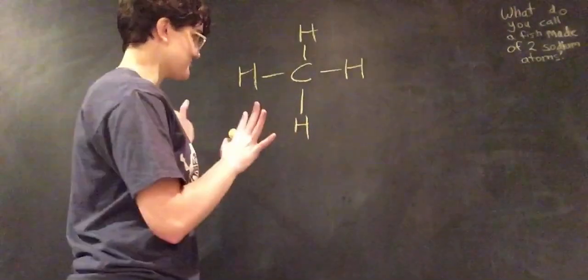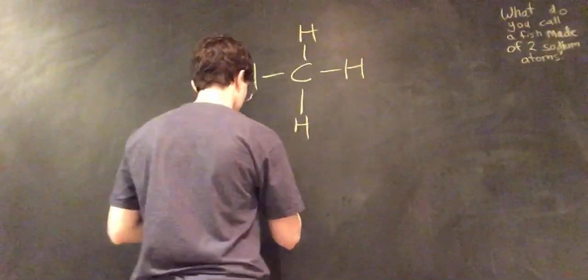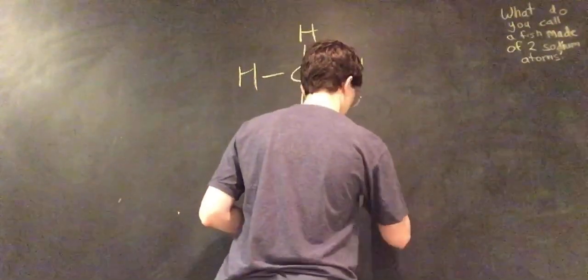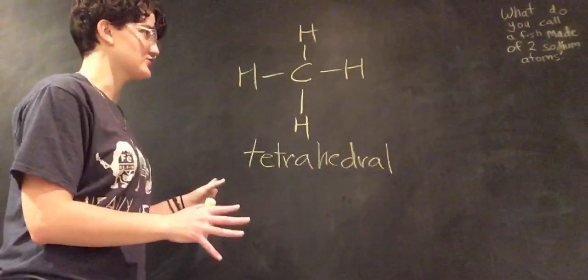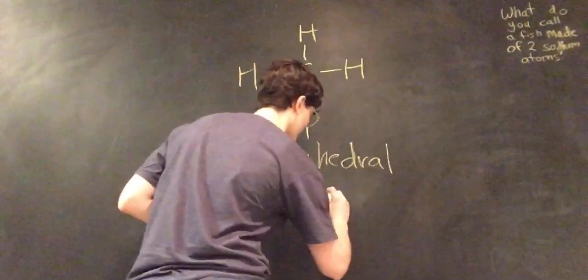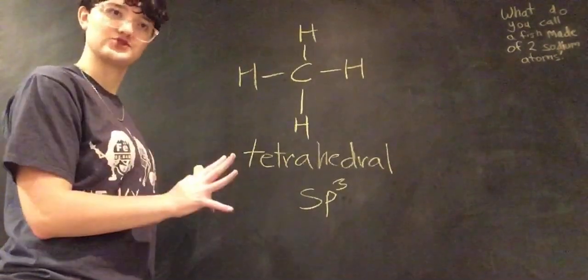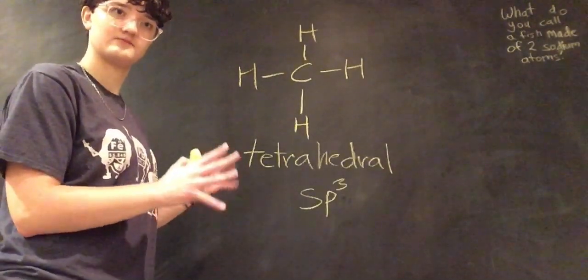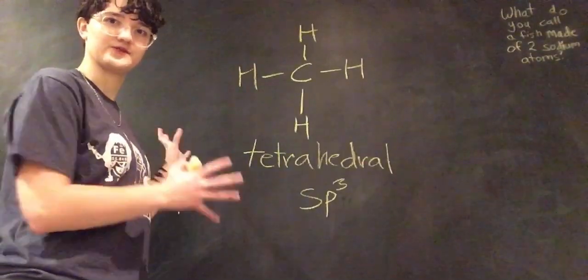We can tell that it's going to be a tetrahedral electron geometry. So tetrahedral electron domains are always sp3 hybrid orbitals. So that is how you determine the hybridization for a certain molecule.